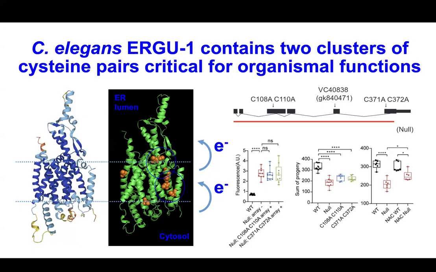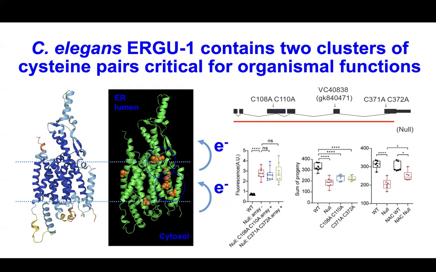So I mentioned earlier, the bacterial counterpart DsbD uses a cysteine pair to facilitate electron transfer across the membrane to reduce the target. And so we went back to check the cysteine pair identified by the computational genomics, and we found there are actually a few different cysteine pairs along the transmembrane segment of this protein.